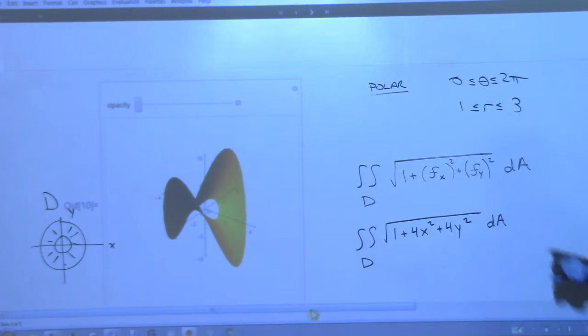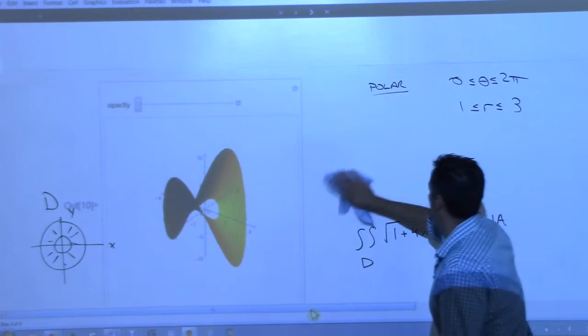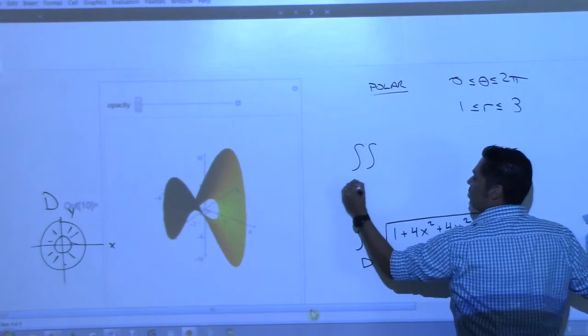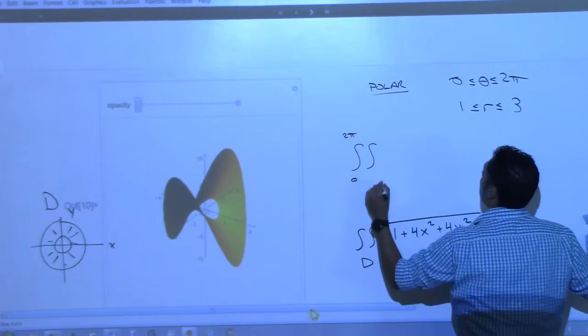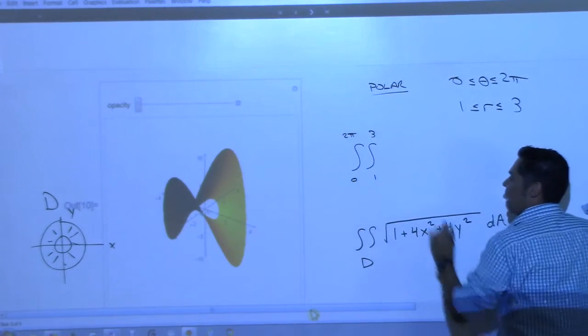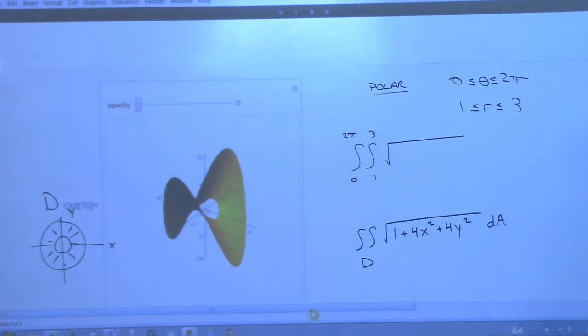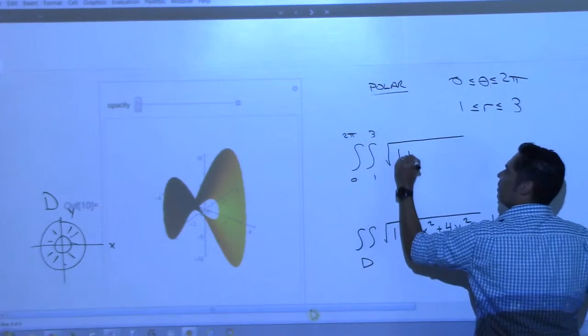So that's going to give us the stuff between the two cylinders. And now I'm ready to switch this integral over. So this double integral is now going to go, doesn't matter what order, because both limits are constants. And then square root of, another drum roll, 1 plus 4r squared. Good.